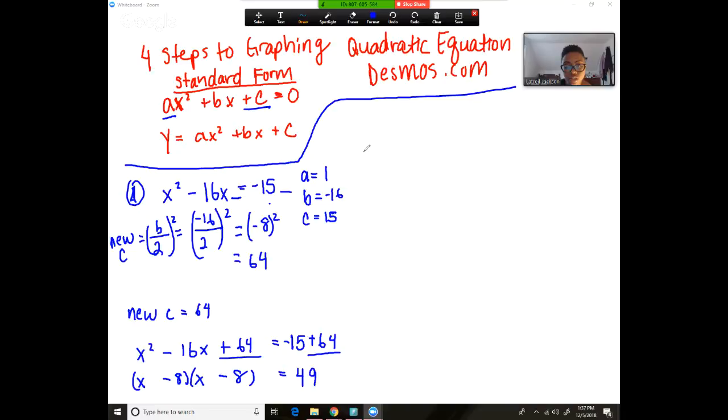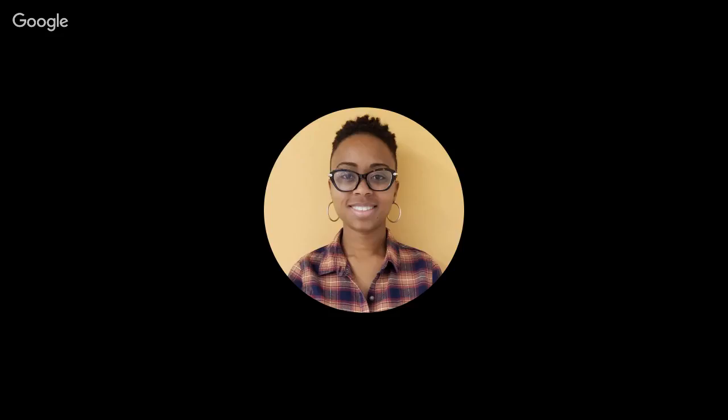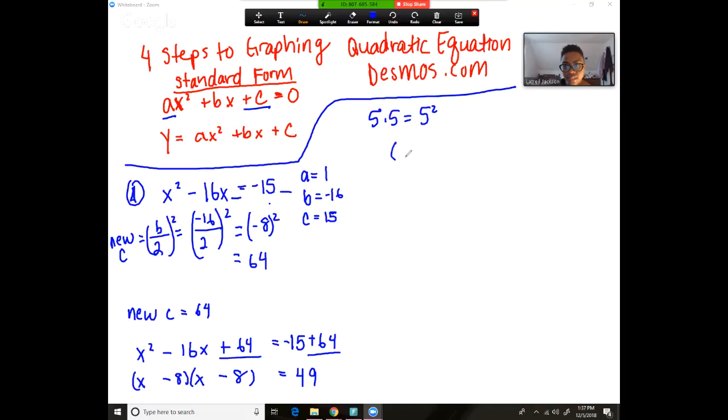X minus 8, so we can rewrite that as x minus 8 squared. What we want to do is solve for x. Okay, so we solve for x by releasing it out of this squared situation and then getting the negative 8 out of there.